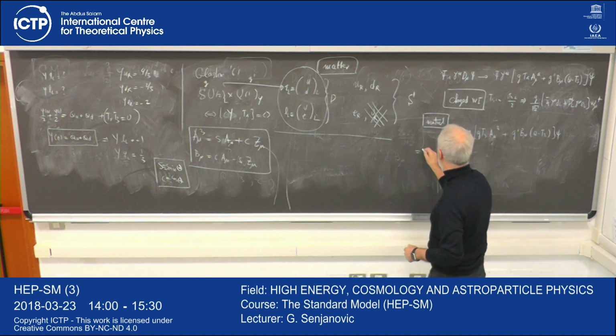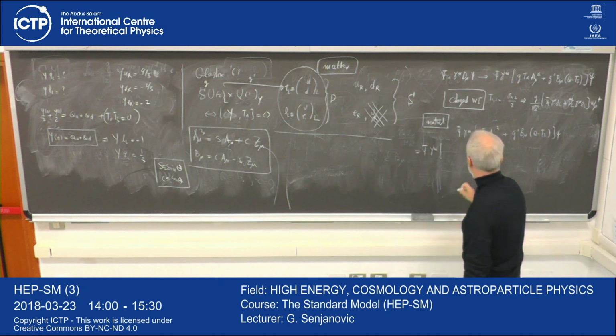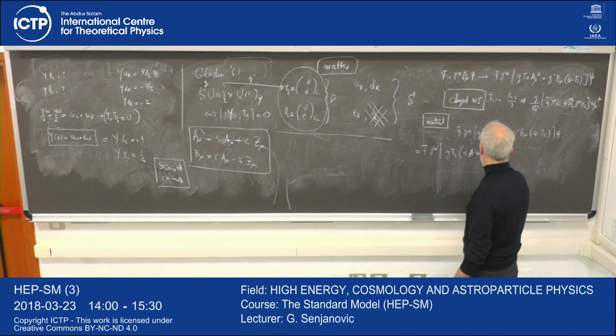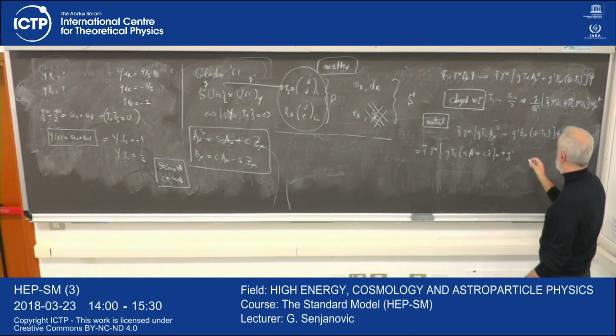So that means that I get psi bar gamma mu, okay, G T3, let's just write down, S A plus C Z mu plus G prime. What is B?